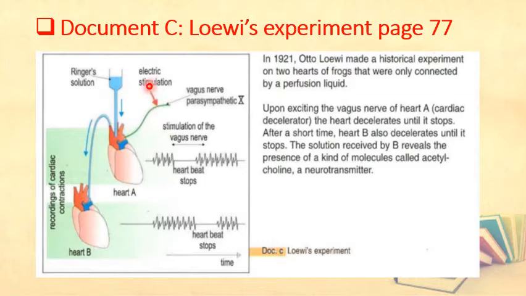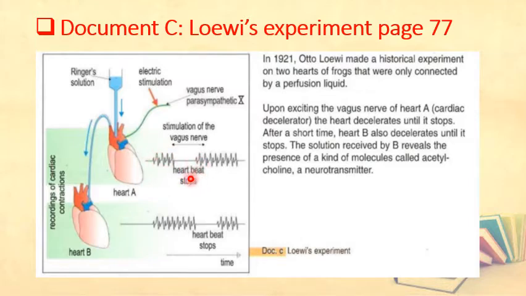Here they were able to know the role of the acetylcholine at the level of the heart. Once the vagus nerve was stimulated, the heartbeats of heart A decelerate, then stop, and the same happened for heart B. We can conclude that the vagus nerve, upon stimulation, secretes acetylcholine, and its function at the level of the heart was inhibitory because it decreases the heartbeats, then stops them.